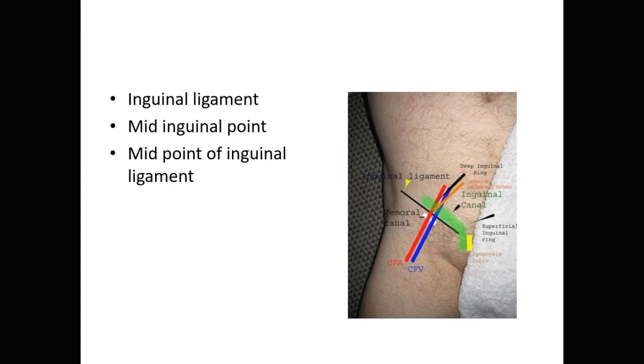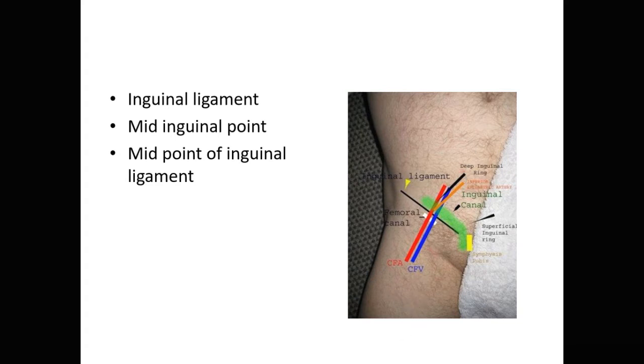Now, the inguinal ligament extends from the anterior superior iliac spine to the pubic tubercle, and this is lying in the fold of the groin, which is present between the anterior abdominal wall and the front of the thigh.